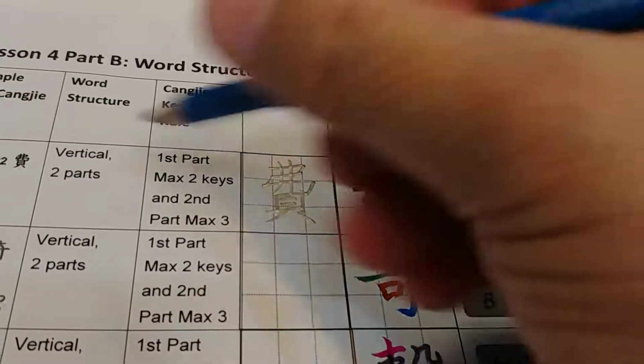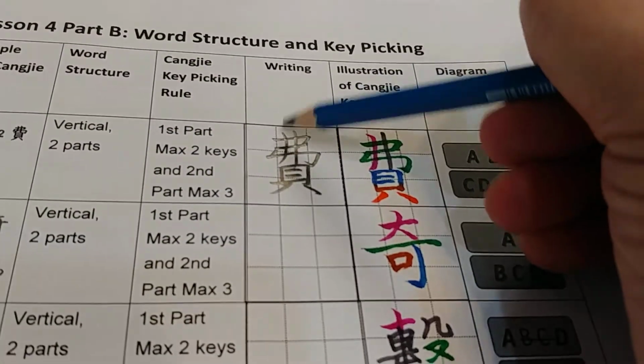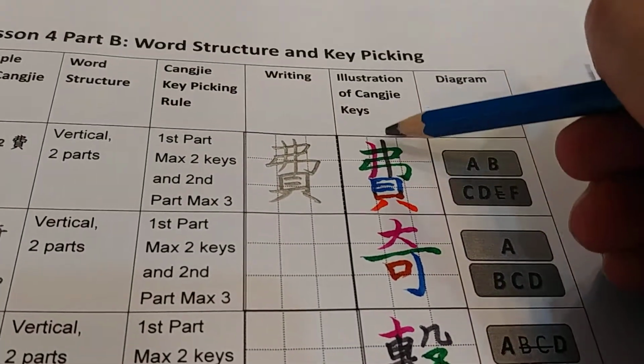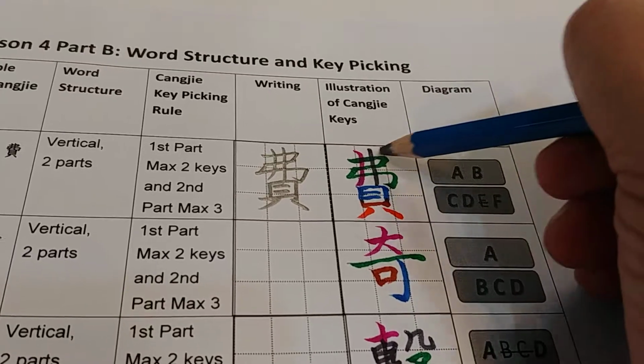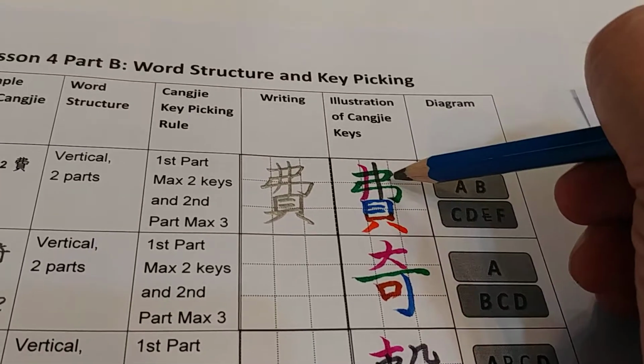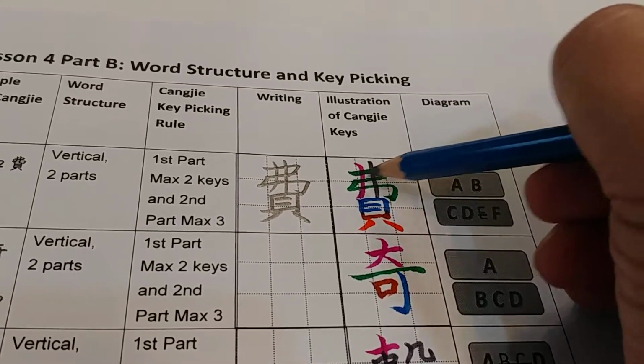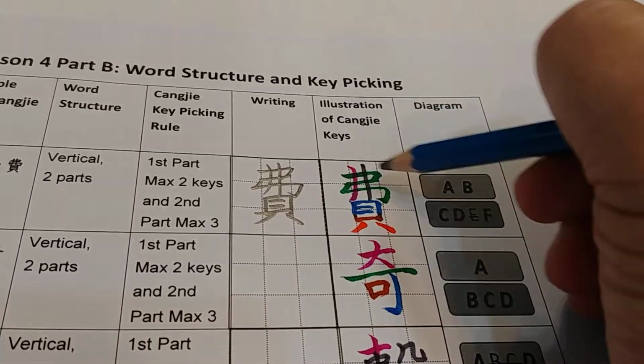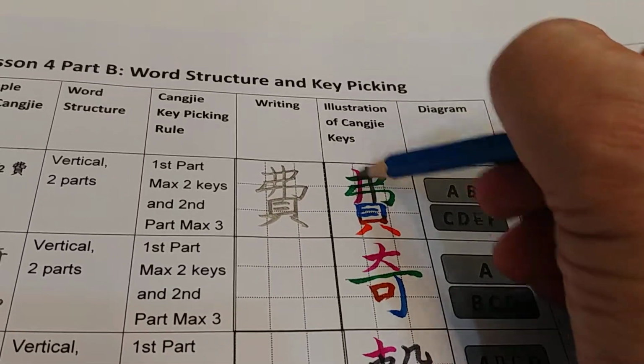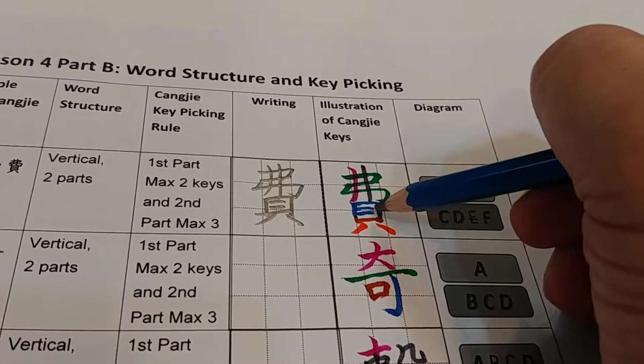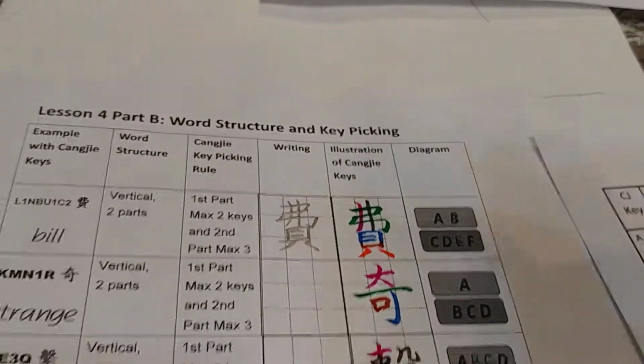So the keys here, L, the first one here you can see, and then the last one you can see here, the N is the top part, so it's L, L, L, N, and then B, U we just talked about, and then the C here.